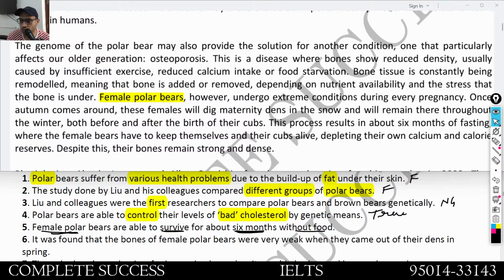If you want, I'll give you 1 minute to solve this question. I will highly appreciate it if you try to give an answer to this question. So were female polar bears able to survive for about 6 months without food?